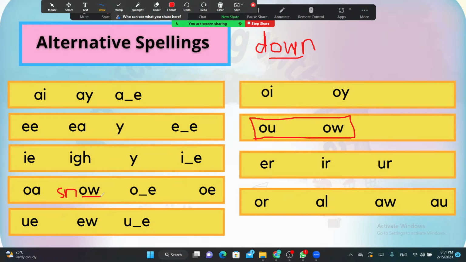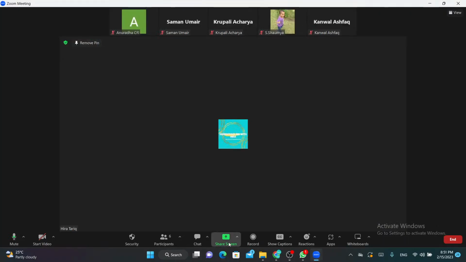So now we have got a contradiction when we will say O and we will say ow. OW can say O and ow. How to know when we should use OW and OU and where? So let's go back to our screen and I'll help you with this.